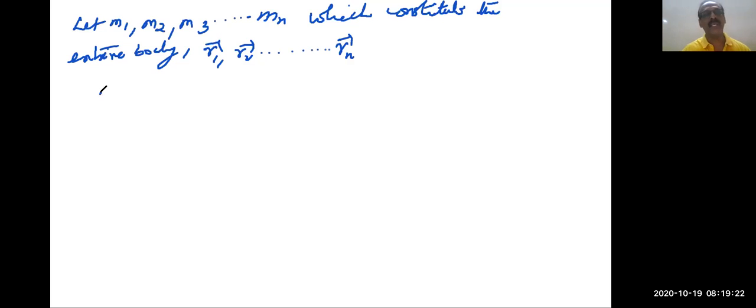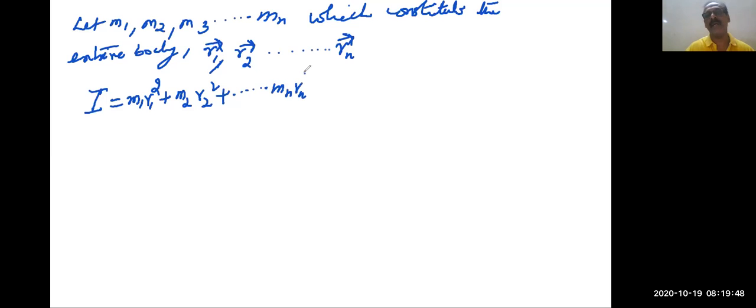Then the moment of inertia of the entire body can be written as m1 r1 squared plus m2 r2 squared plus ... mn rn squared.